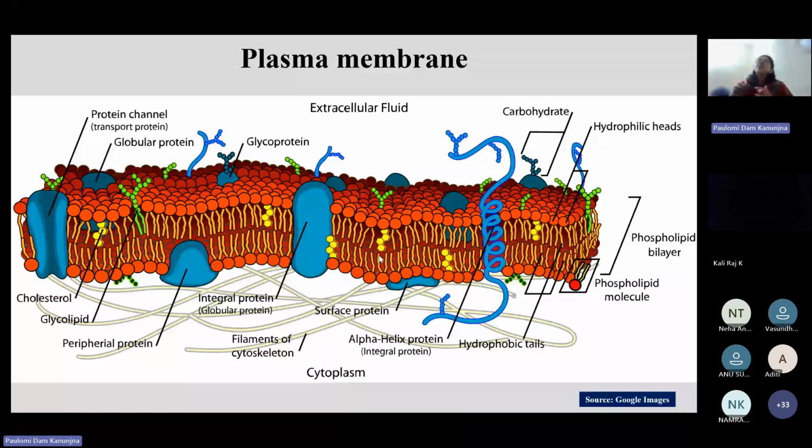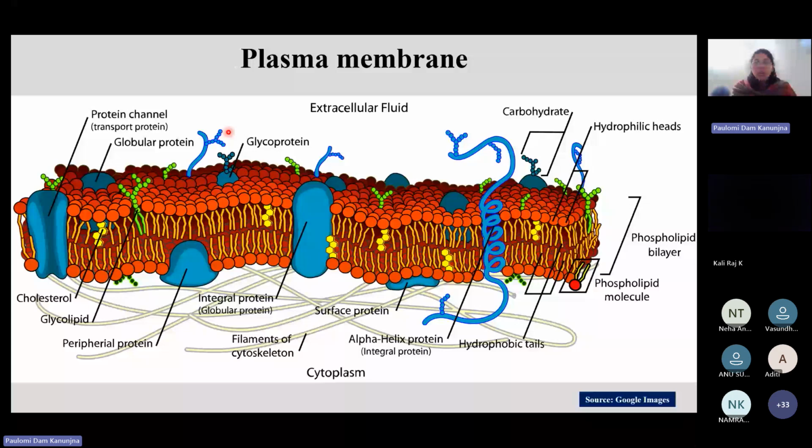That's Overton's version, somewhere around the 1890s. Then came the next model, given by Gorter and Grendel, which gave us the lipid bilayer model. They said yes, there is lipid, but it is a lipid bilayer, not just a single layer, as you see on the slide right now. So you have one lipid layer facing up and one facing down. This one is extracellular, outside the cell. This is intracellular, towards the cytoplasm.